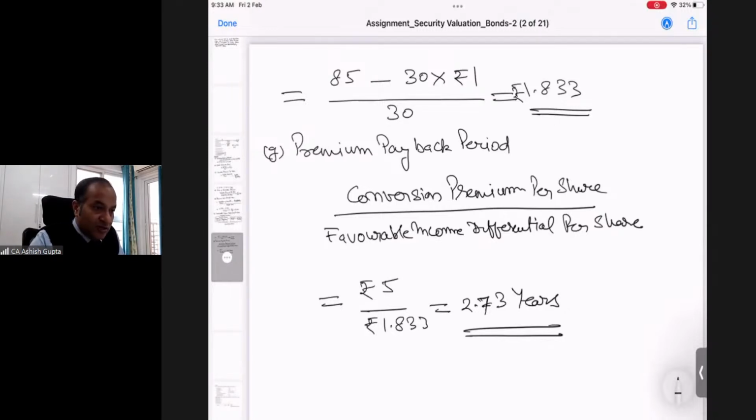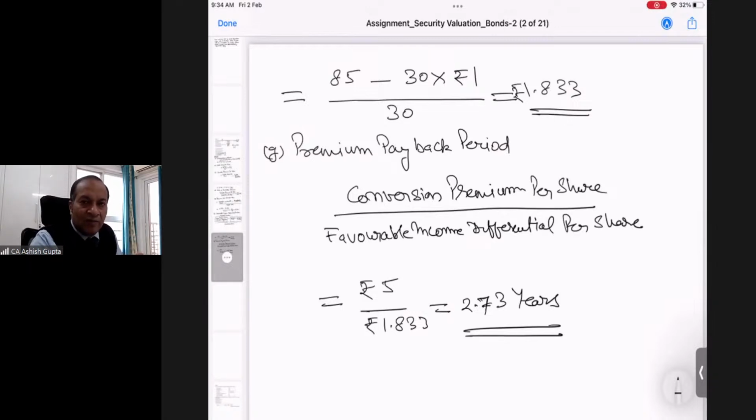Okay, student. So this is the premium payback period, in which my premium will come back to me, or I will recover the extra amount I have paid to get it as a share. See what happens: I am paying more for a convertible debenture. I am paying a premium instead of taking the route of directly buying from the market.